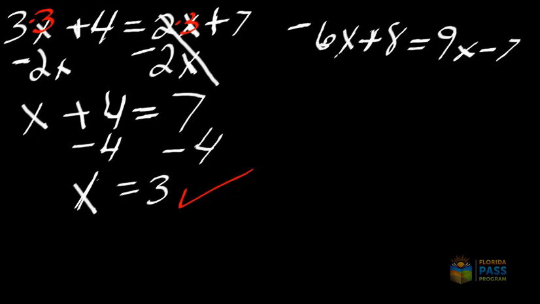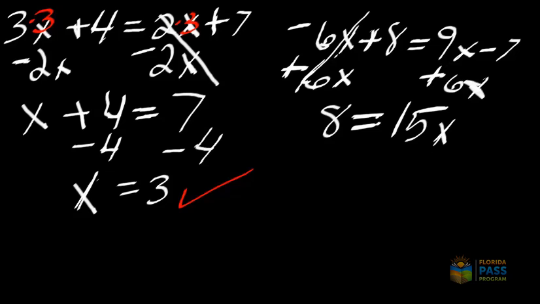So first you have to decide negative 6x, 9x, which is smaller. The negative 6x is smaller, so instead of subtracting, I'm going to add 6x to the other side because you always do the opposite of what you see.